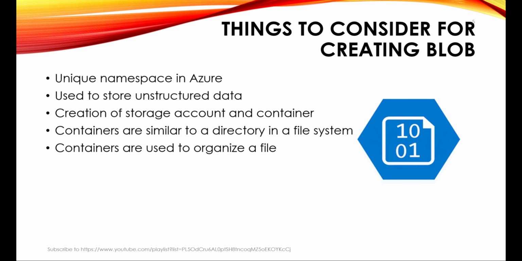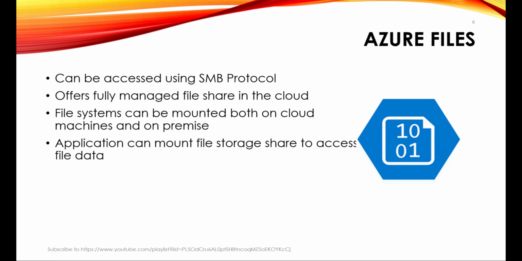All right, great. Now let's move to the next one, that is Azure Files. So what are Azure Files? Azure Files are used for storing files, of course, and can be accessed using the SMB protocol. It offers a fully managed file share in the cloud, right?